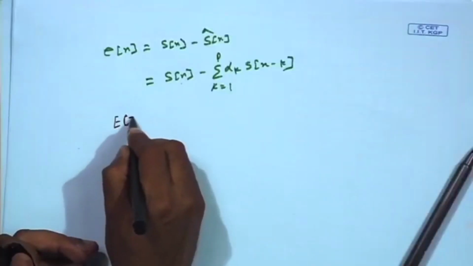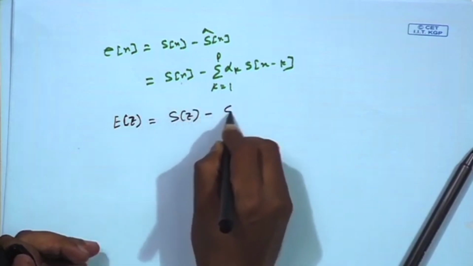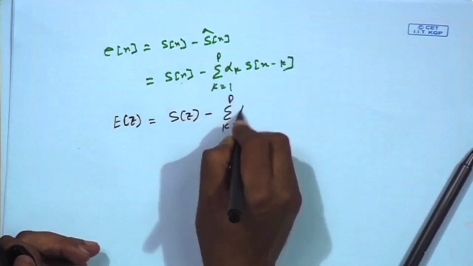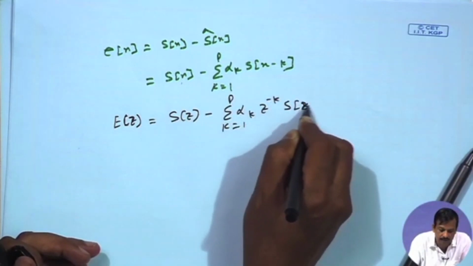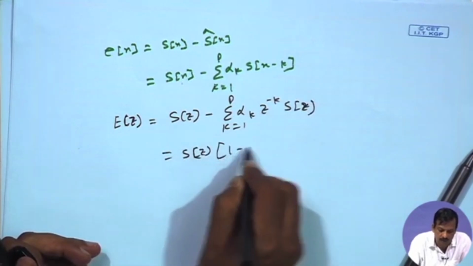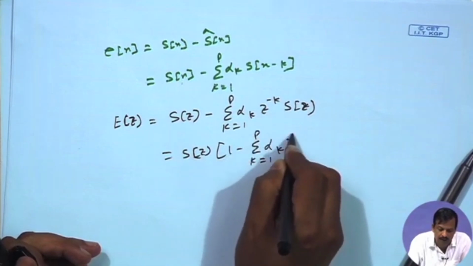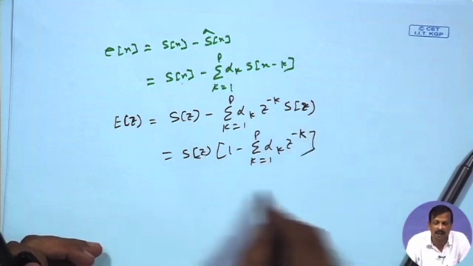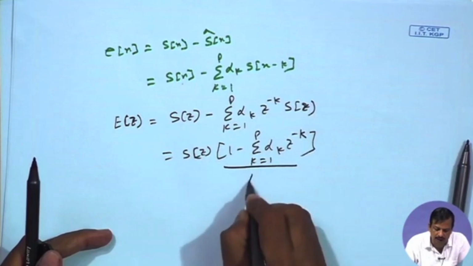In the z domain, E z is nothing but S z minus the sum over k equal to 1 to p of alpha k z to the power minus k S z. So, S z times 1 minus the sum over k equal to 1 to p of alpha k z to the power minus k. Let us write this portion, 1 minus the sum of alpha k z to the power minus k, as A z.